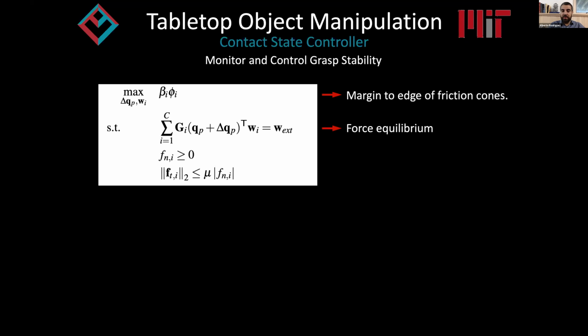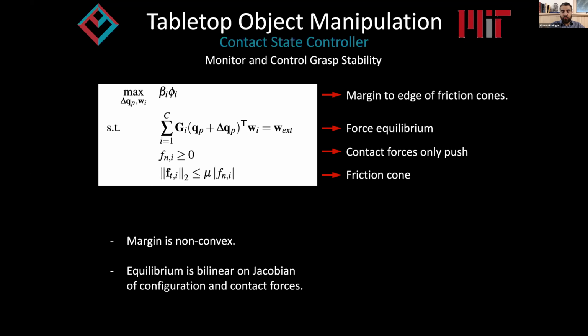So there has to be force equilibrium between the contact forces on the left and the external gravitational wrench on the right, and subject to the contact force constraints. So forces have to be positive, and they have to be inside the friction cones. So we're searching for the reconfiguration of the palms that would maximize this margin of stability.